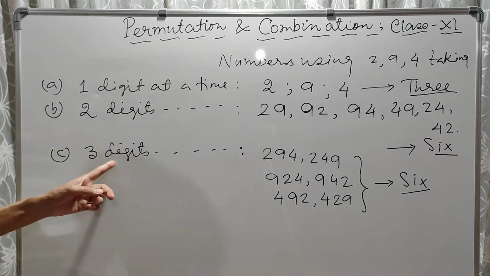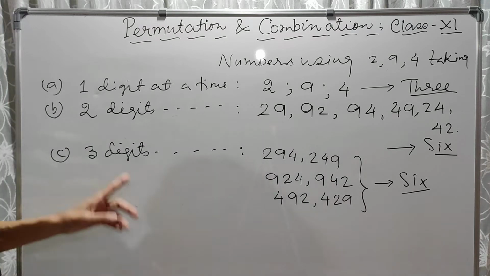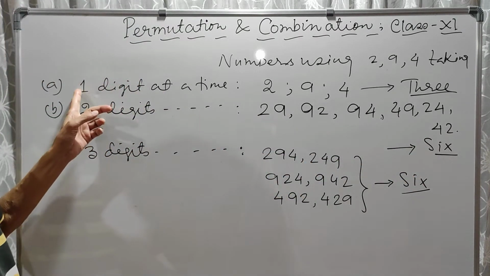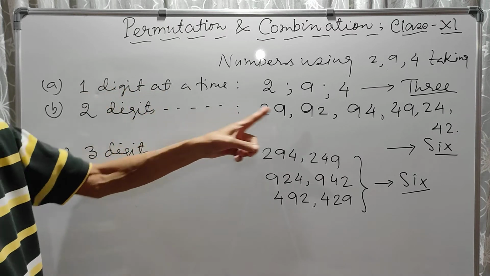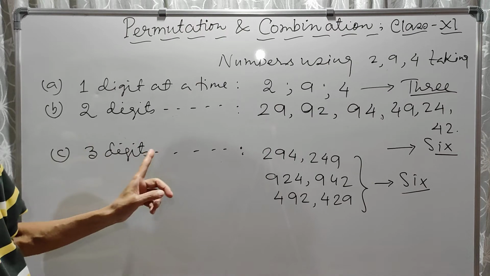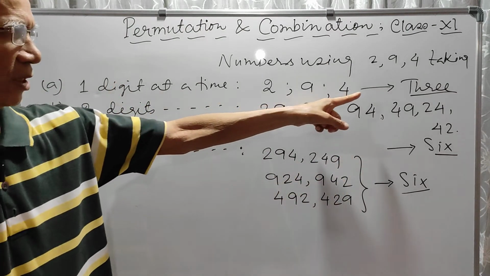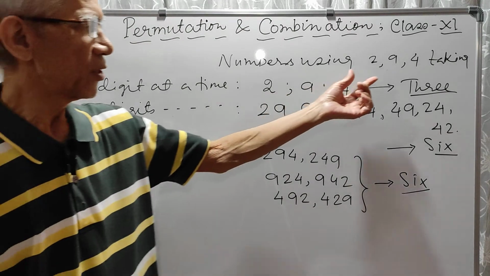So taking all the 3 digits, how many numbers do we get? 6 numbers. Taking 2 digits at a time, we get 6 numbers. Taking all 3 digits at a time, we get 6. And taking 1 digit at a time, we get 3. So I have shown this taking 3 objects.